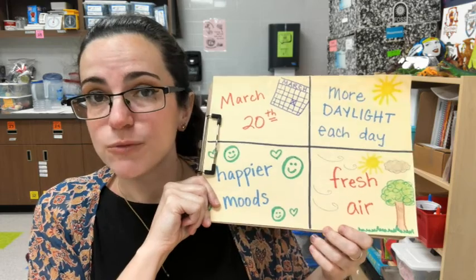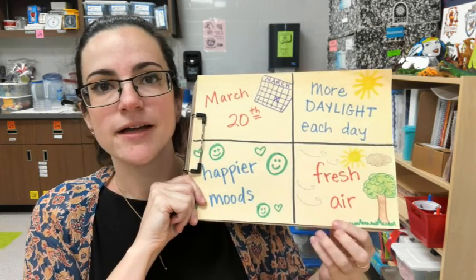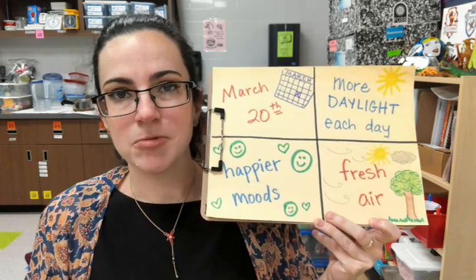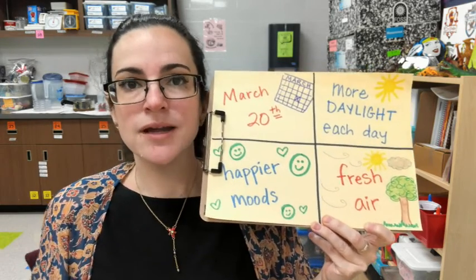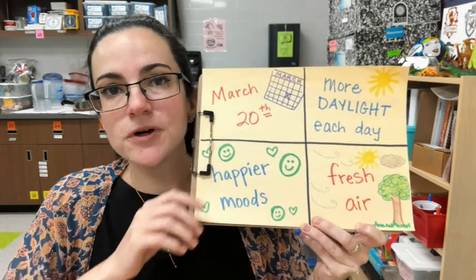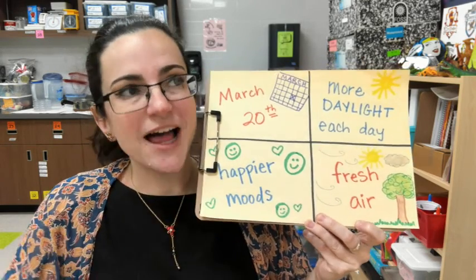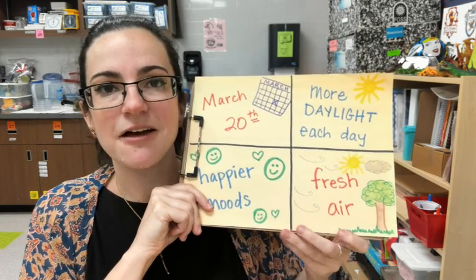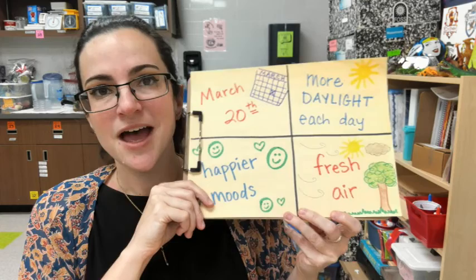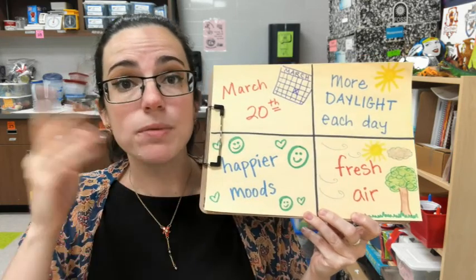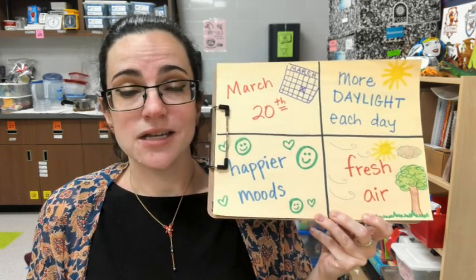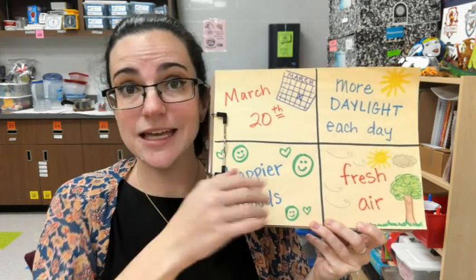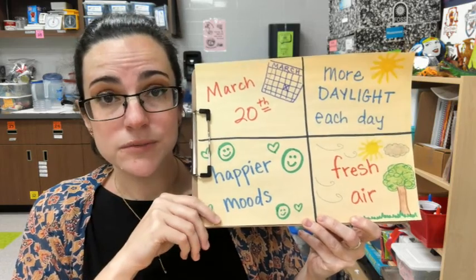Not only do we get more sunlight during the day, but there is a refreshing of everything. Plants are growing, animals are being born, and flowers are blooming, and the air just seems to have a freshness to it. So people might open their windows and let that breeze kind of aerate the indoors of their homes.